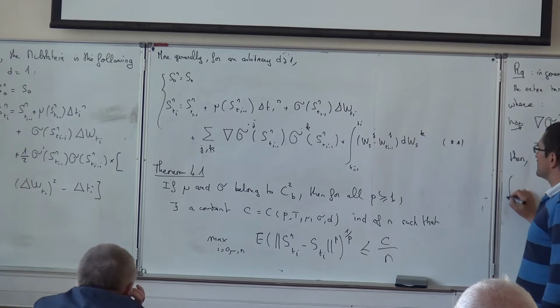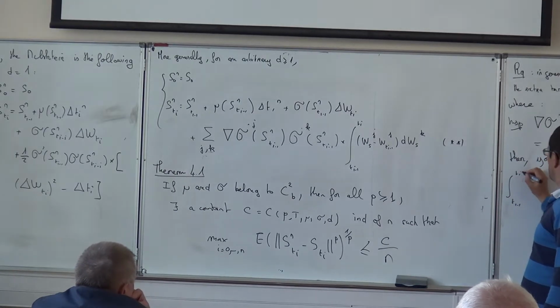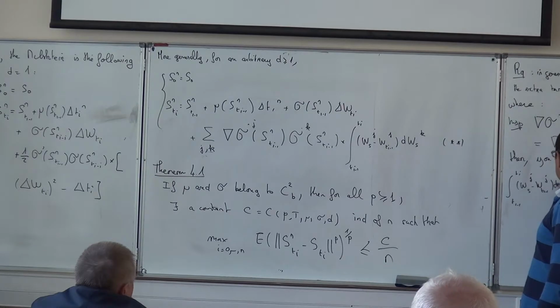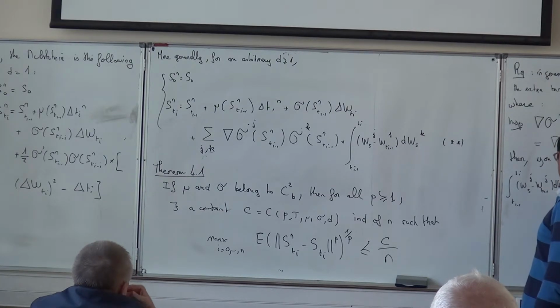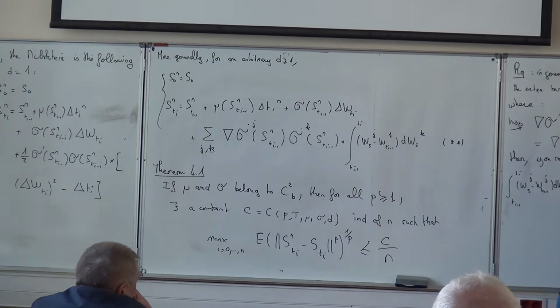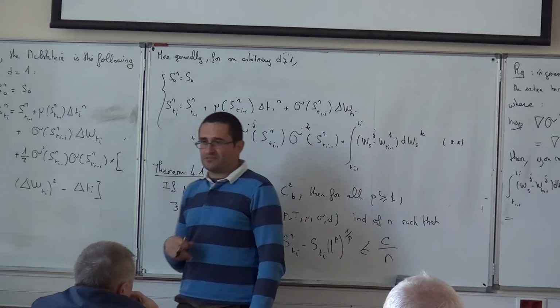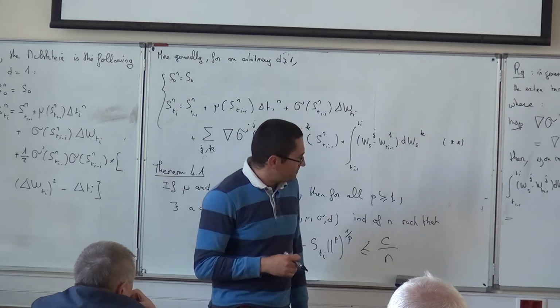Which sum? The sum of the integral from t_{i-1} to t_i of (W^j_s minus W^j_{t_{i-1}}) dW^k_s plus the symmetric one, (W^k_s minus W^k_{t_{i-1}}) dW^j_s. And for this, you use the integration by parts formula I recalled previously.